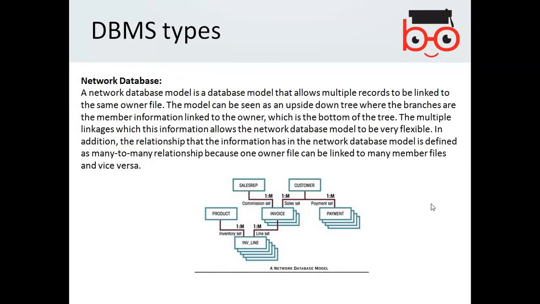Network database. A network database model is a database model. Basically, take an example of Facebook friends. In Facebook, a friend is connected to a friend, and another friend is connected to another friend.